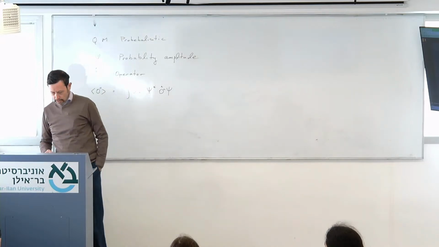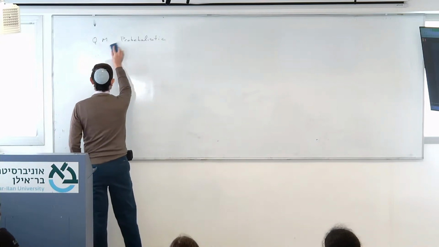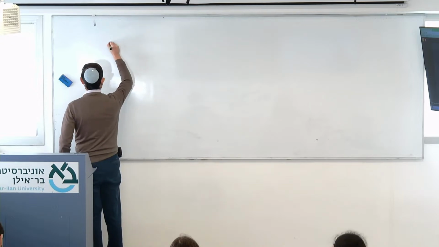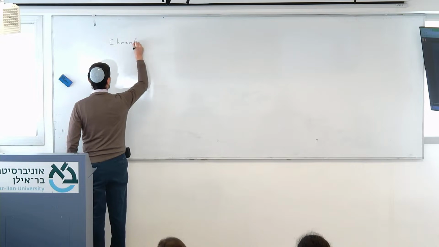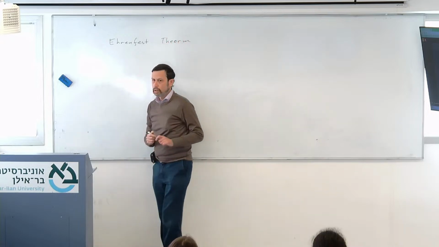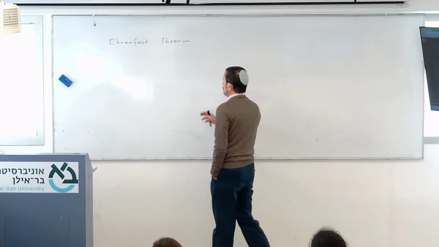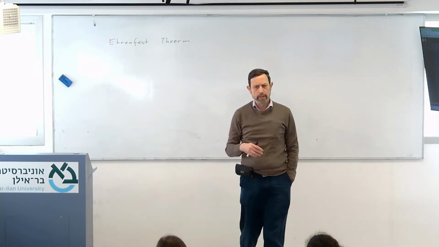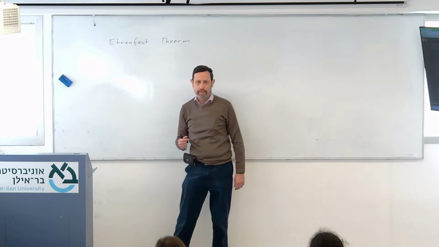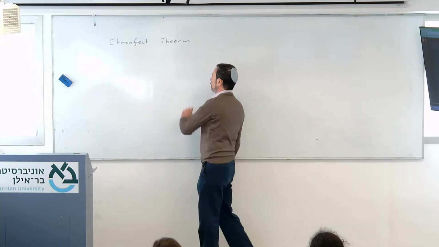Okay, so Ehrenfest theorem. Ehrenfest was actually a Jewish-Dutch physicist, the same age as Schrödinger, a bit older than other participants in discovering quantum mechanics, like Heisenberg and Pauli, which we will run into in the following lectures.